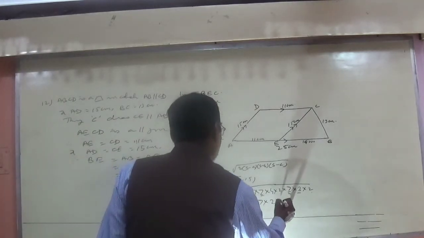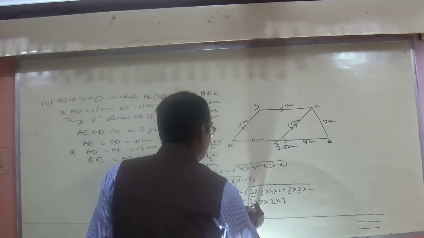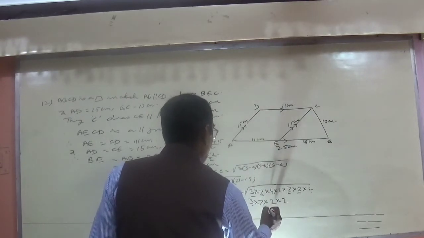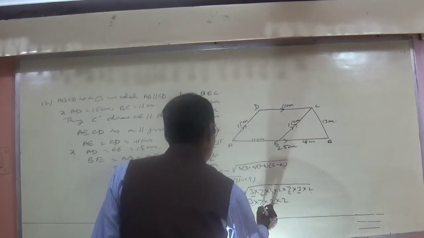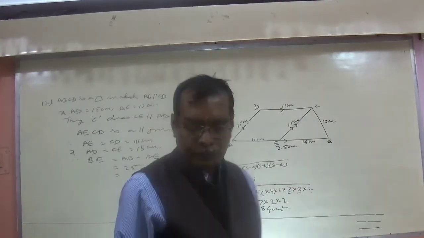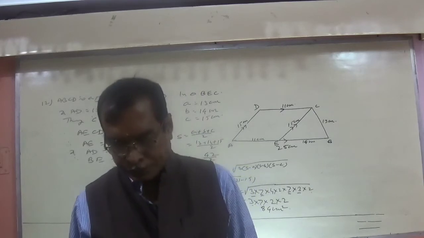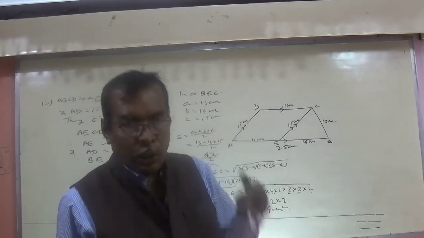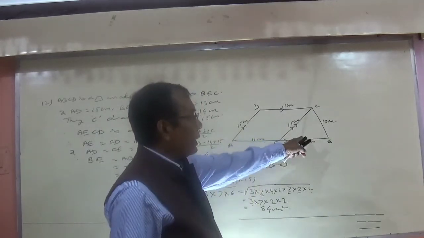If it comes out from the square root sign, it is 2. So 3 times 7 is 21, 21 times 4 is 84 centimeter square. Okay? So I have found out the area of triangle BEC.